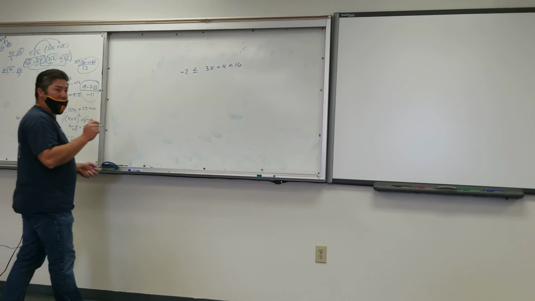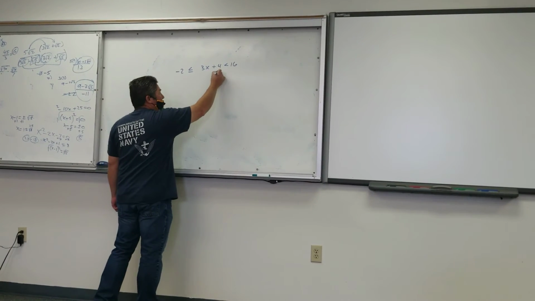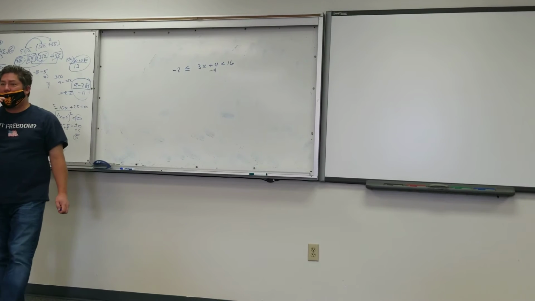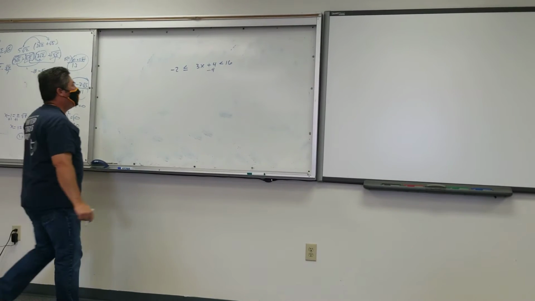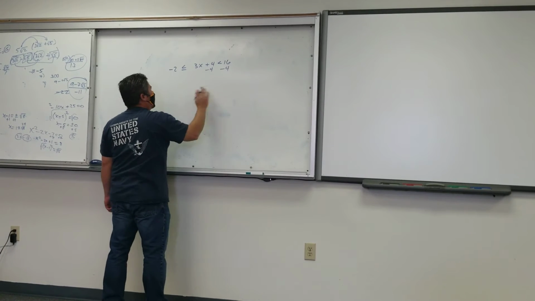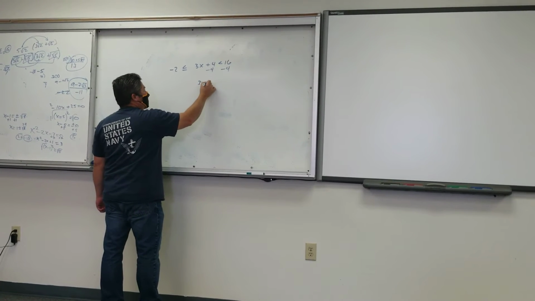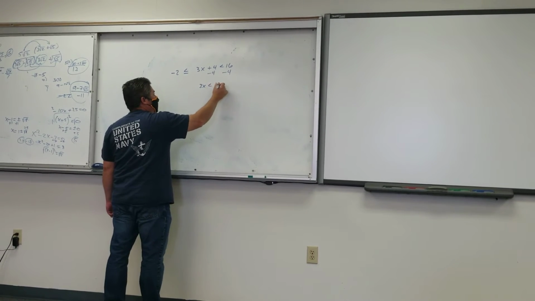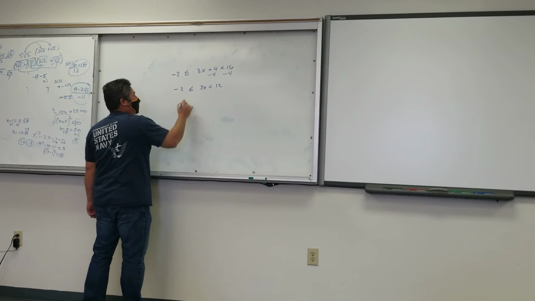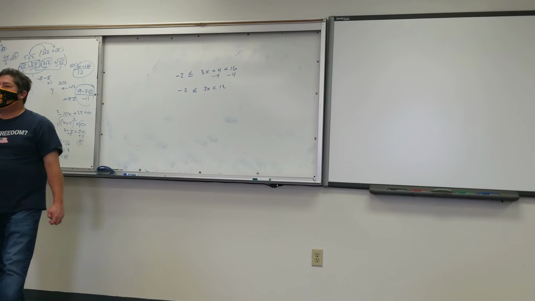So I want to subtract what? 4. Now this is the tricky part. Everybody watch this because this is seriously where you'll get confused. I see a ton of kids go, all right, I'm going to minus 4. Okay, I subtract 4 from 16, that's 12. Negative 2, I'm ready to go. Am I ready to go? No. Why?